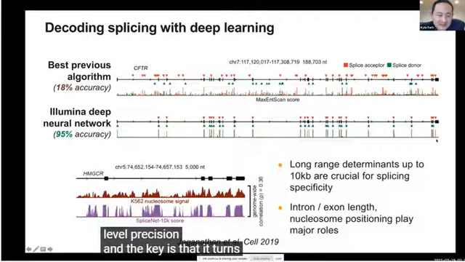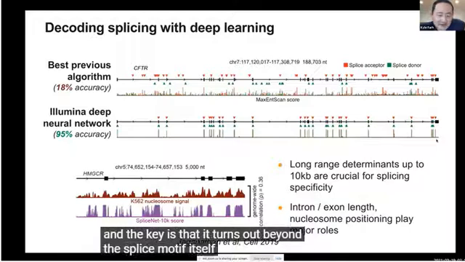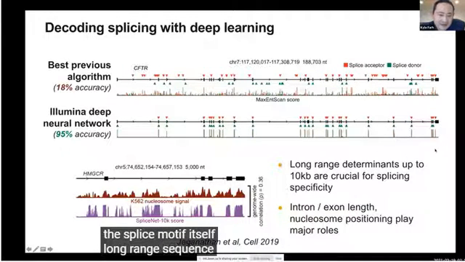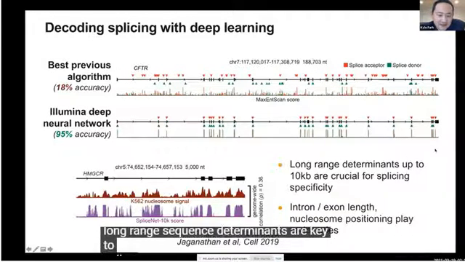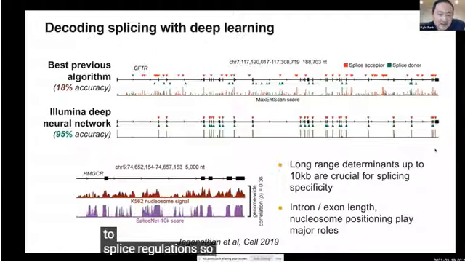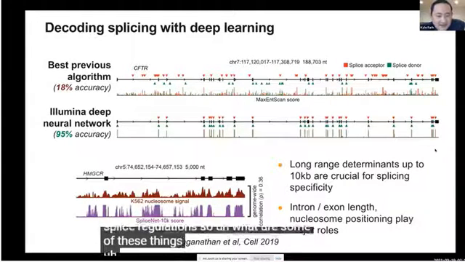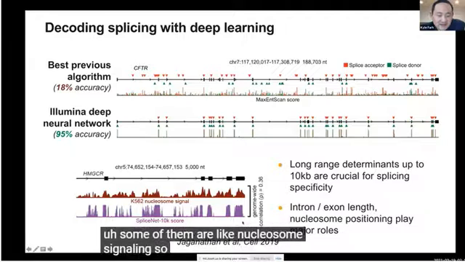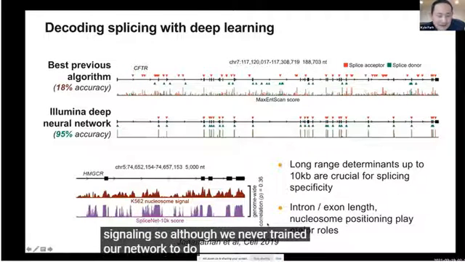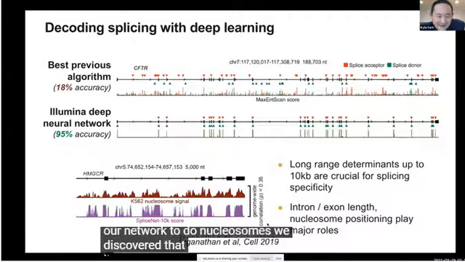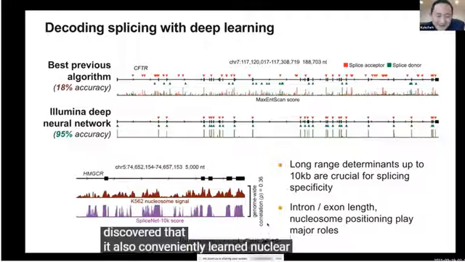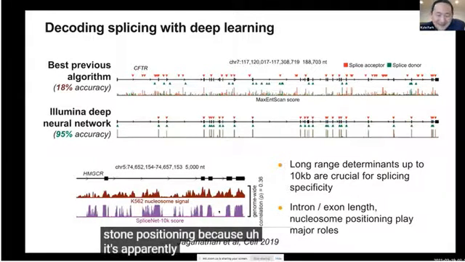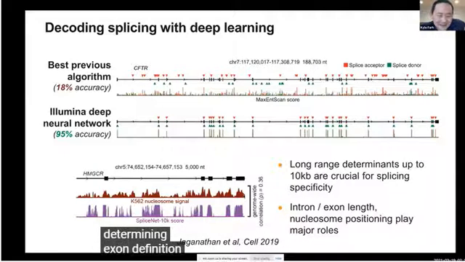The key is that beyond the splice motif itself, long-range sequence determinants are key to splice regulation. So what are some of these things? Some of them are nucleosome signaling. Although we never trained our network on nucleosomes, we discovered that it conveniently learned nucleosome positioning, because it's apparently quite important for determining exon definition.